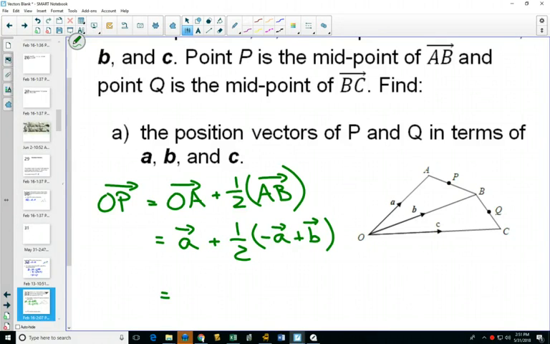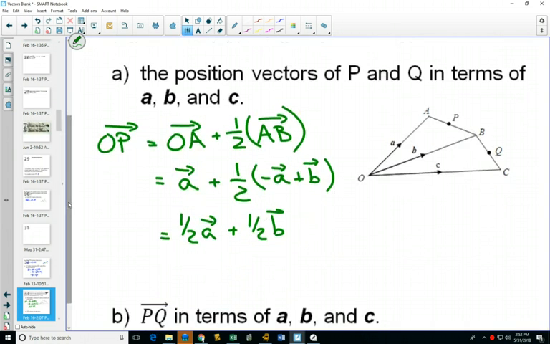And simplifying this out, it becomes 1/2 a plus 1/2 b. Similarly, can you see that OQ, if I did the same thing, will be 1/2 b plus 1/2 c.